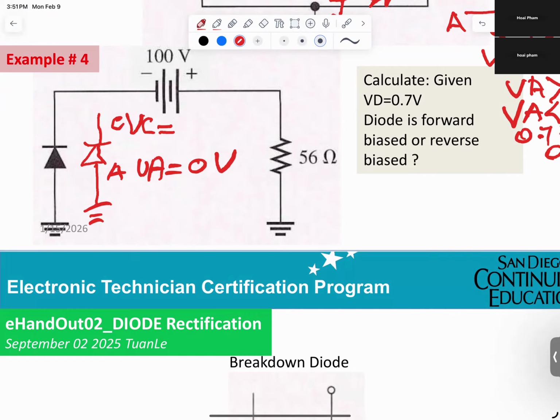Just look into the circuit. VC connects to here. What is VC? Negative 100? Right. Minus 100. Right, it connects to minus 100.